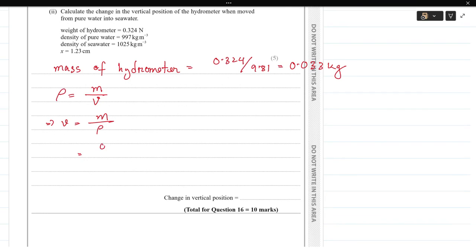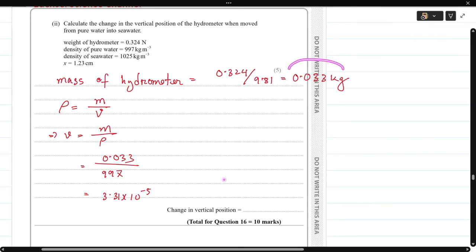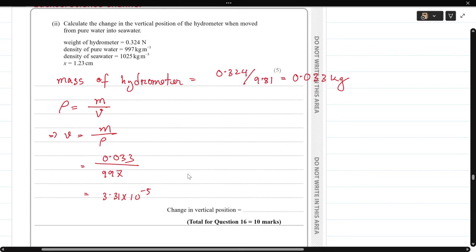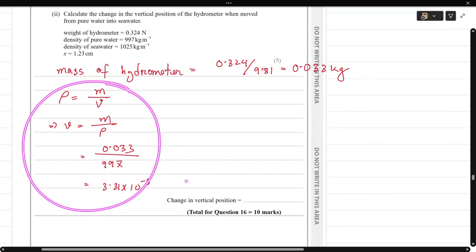So 0.033 divided by the density of pure water, 997, which gives us 3.31 times 10 to the power minus 5. So what I have done is I found out the mass of the hydrometer. Now I know that density is equal to mass divided by volume, and we can find out how much pure water is being displaced to balance this mass. So this is the calculation.